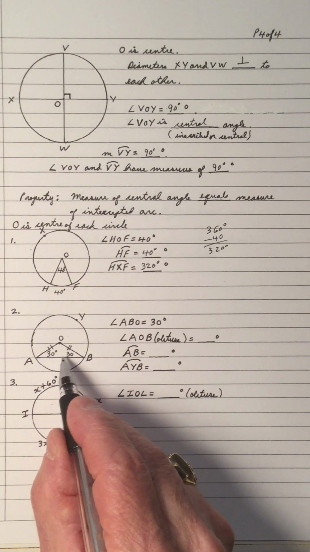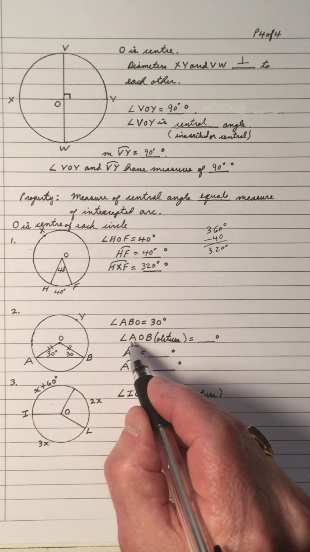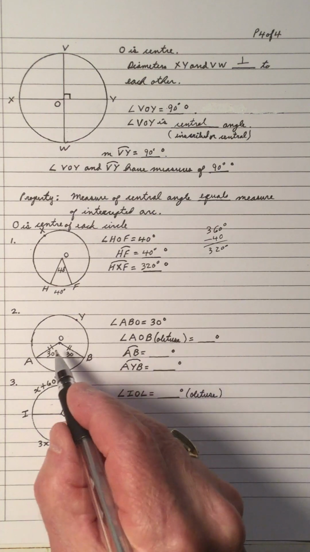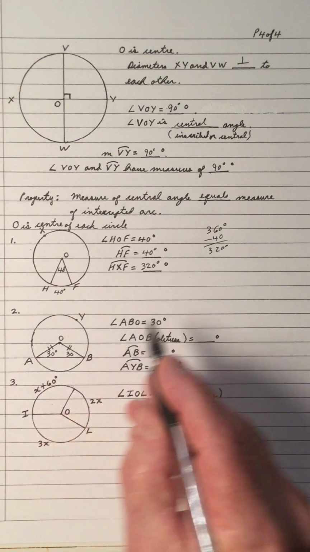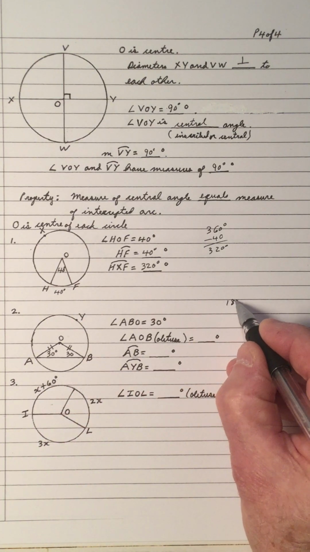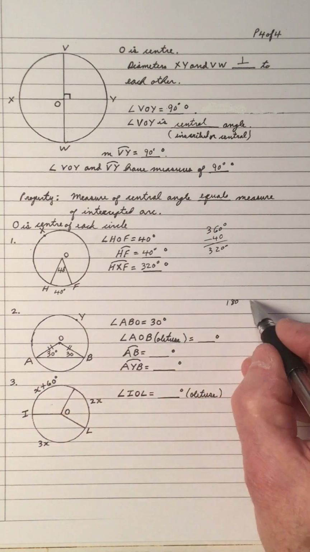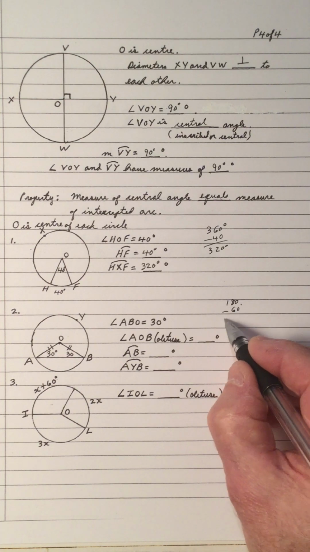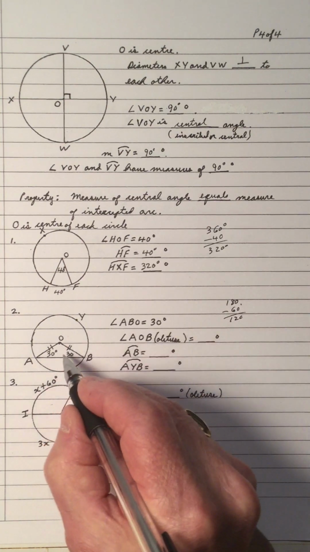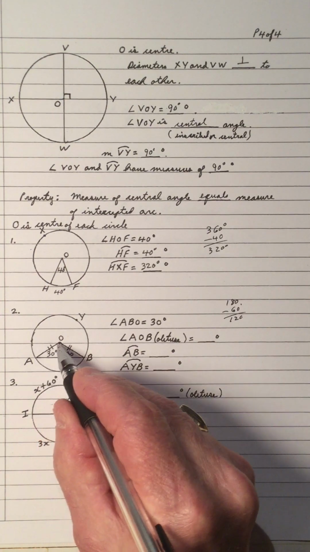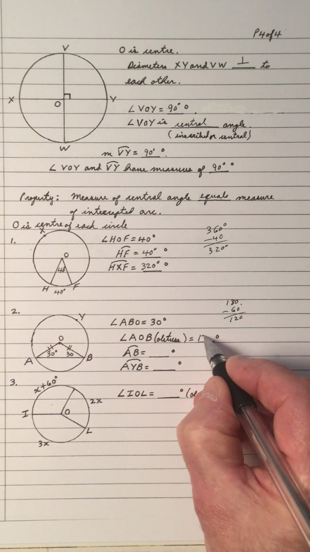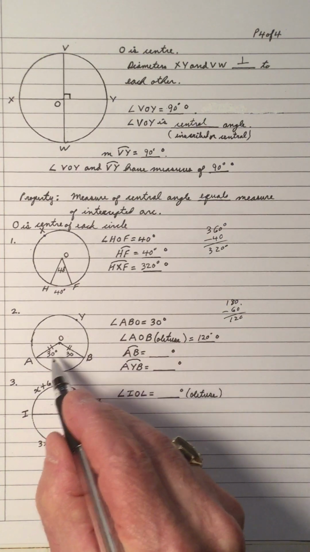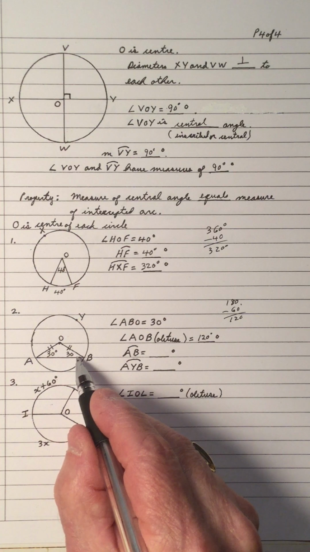So that means angle AOB is obtuse. We have 180 degrees in a triangle. So 30 and 30 makes 60. When we subtract, that means the angle AOB is 120 degrees. Now you might say, why did I say obtuse?